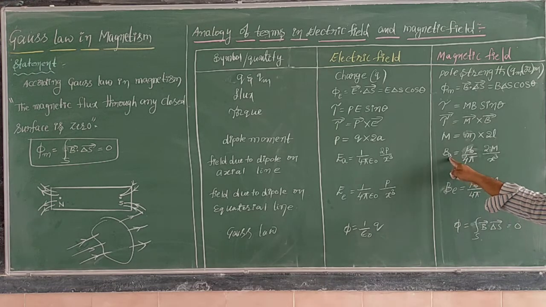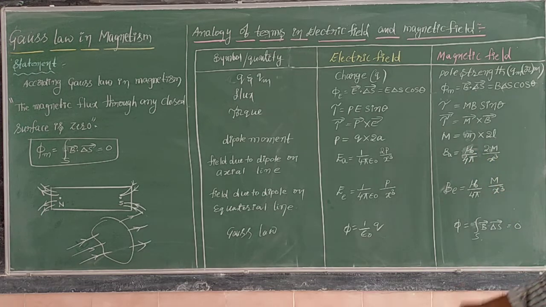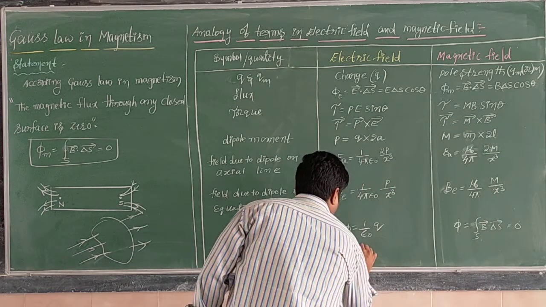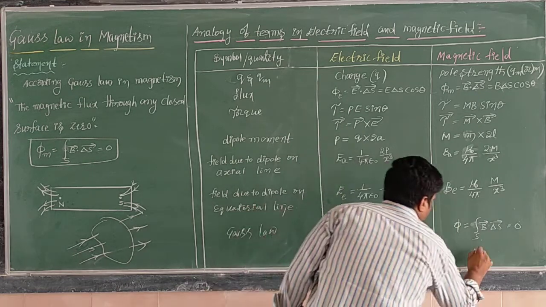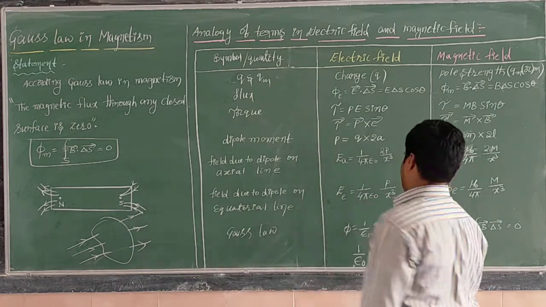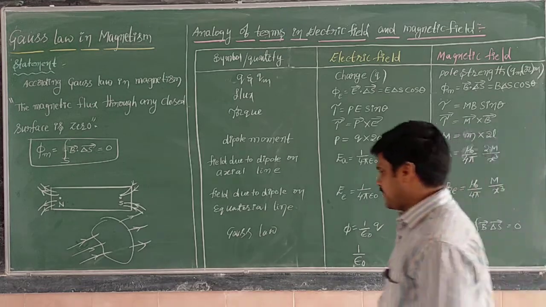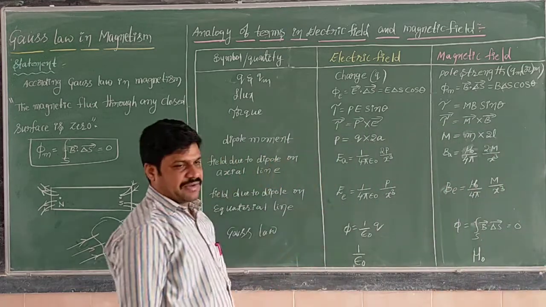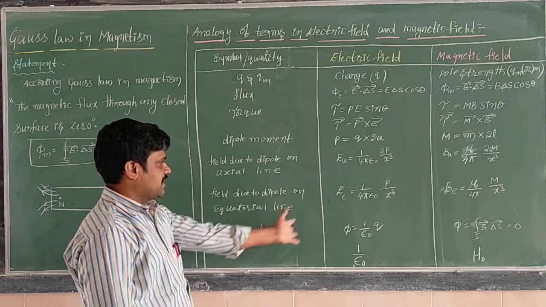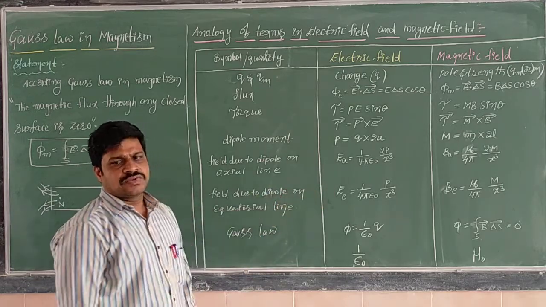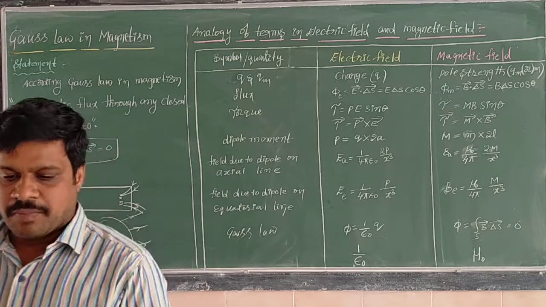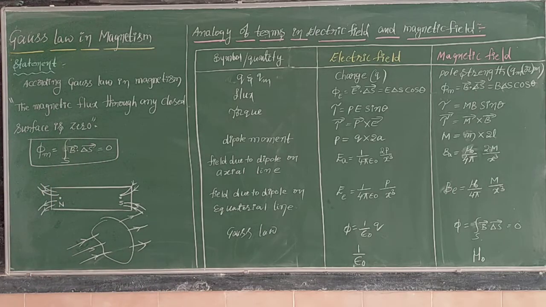Here magnetic field on the axial line of the short bar magnet, mu naught by 4 pi into 2m by x cube. Here 1 by epsilon naught is equivalent to mu naught in the magnetic field, permittivity and permeability. We can discuss the remaining, the equatorial line, also. So this is one of the important topics we have completed today in this video.